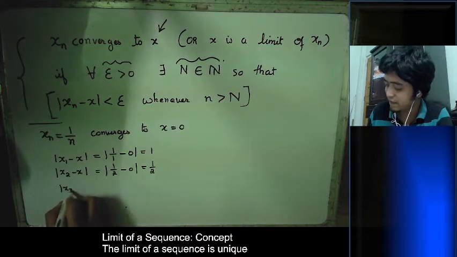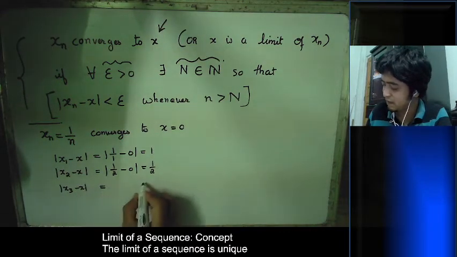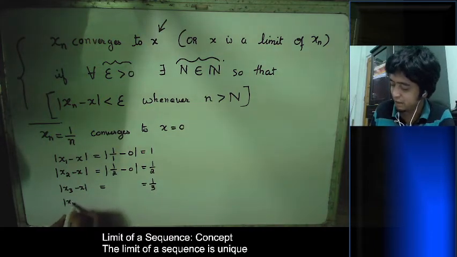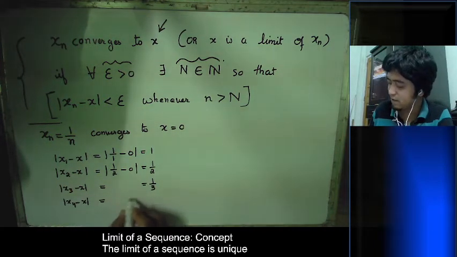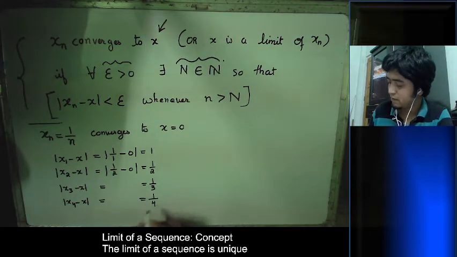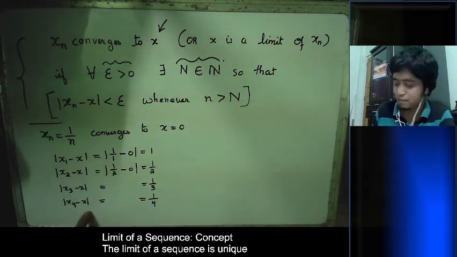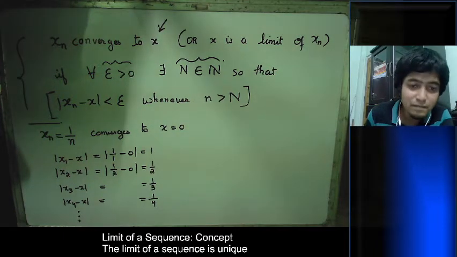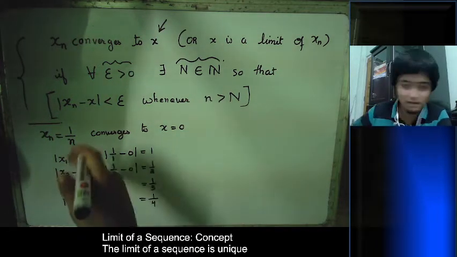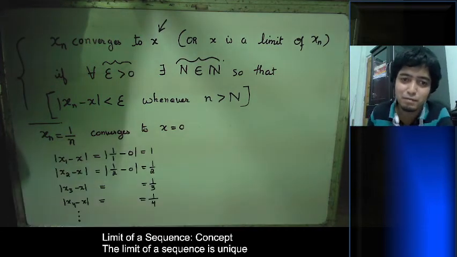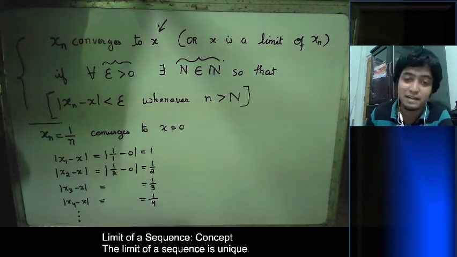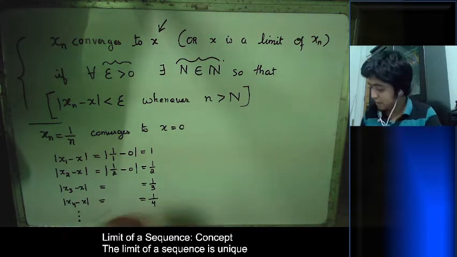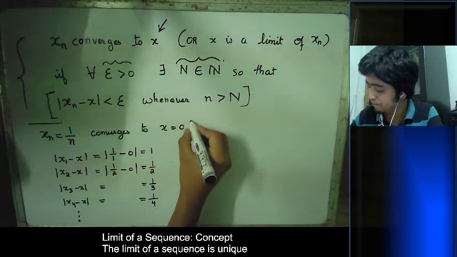Similarly, you can calculate x3 minus x, you will be having 1 by 3. Just fill in everywhere. x4 minus x, x5 minus x, keep on doing it till infinity. I know that you won't be able to do it, but at least we are having an idea what their values are.